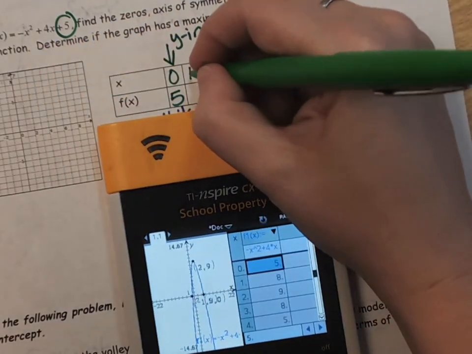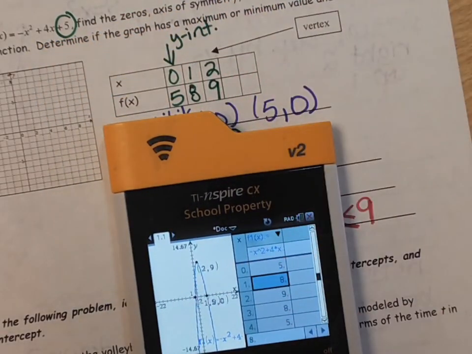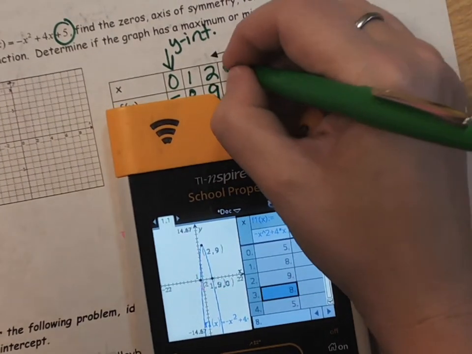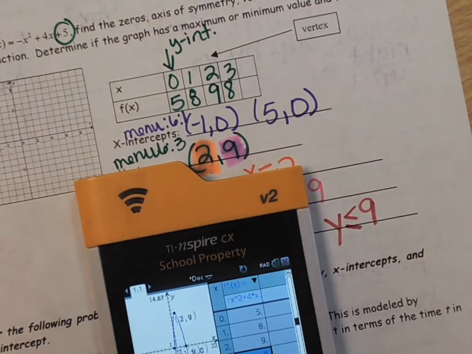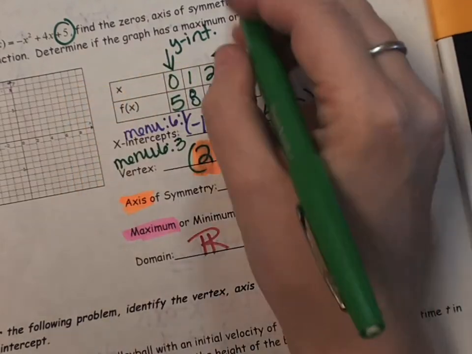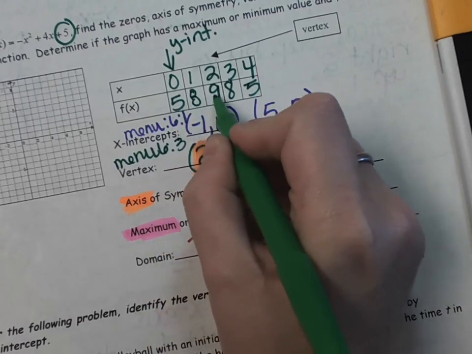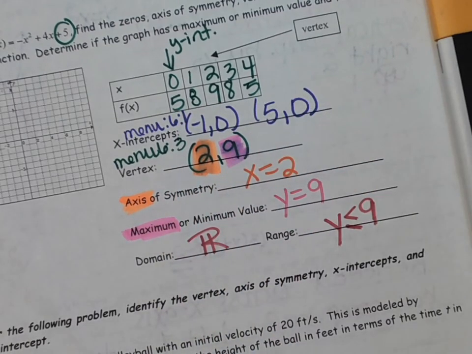Then I've got 1, 8. There's my 2, 9 again. 3, 8. And 4, 5. Notice it goes up and then goes back down.